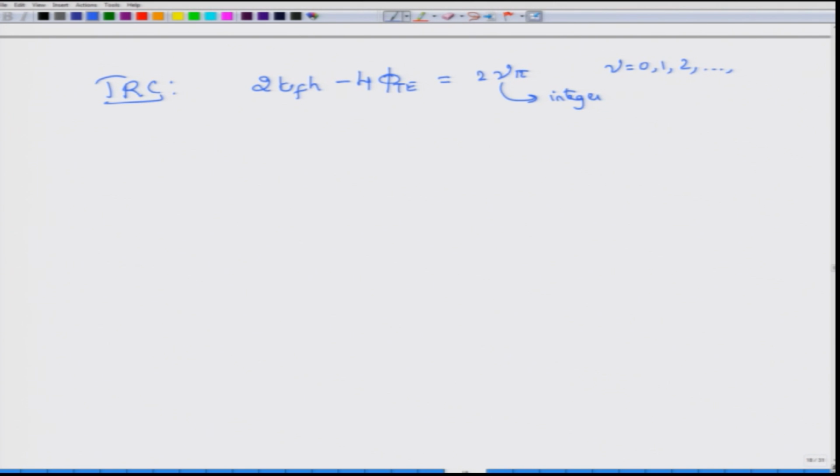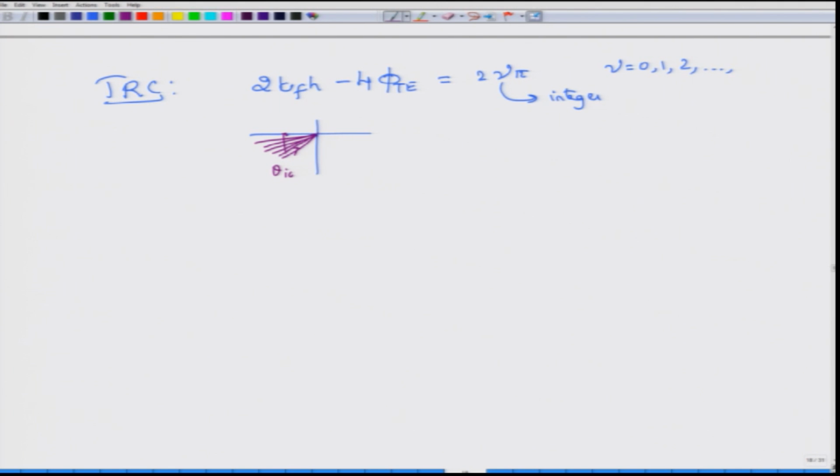Each value of nu satisfies a condition and gives a different value of incidence angle theta 1. So, it will not be a continuous value of theta 1 from right at the critical angle all the way up to pi by 2. Not all angles will be guided by the waveguide.